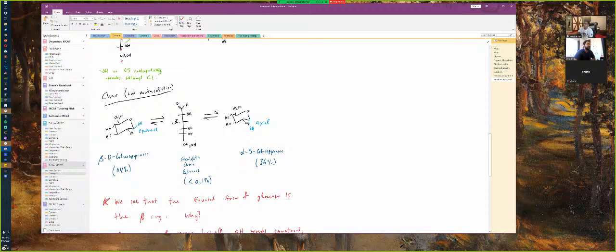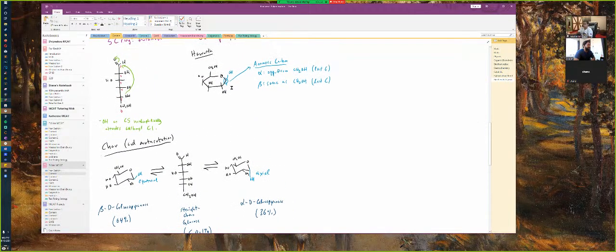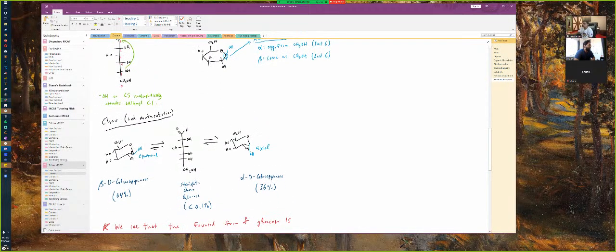Now, in a chair there are basically 2 types of positions. It can be equatorial, which means it's in the same axis as this chair molecule, or it can be axial, which means it's going straight down instead of being in the same axis.